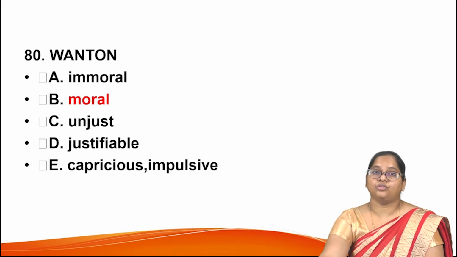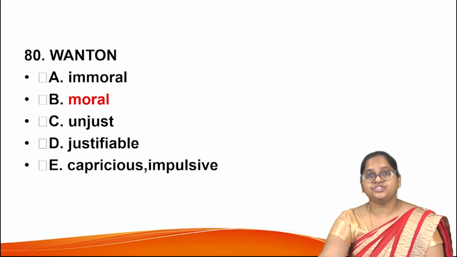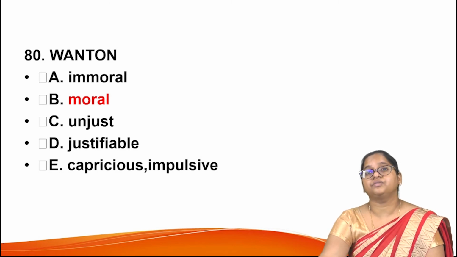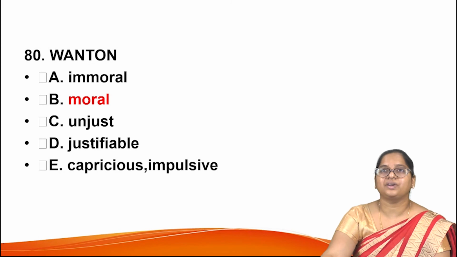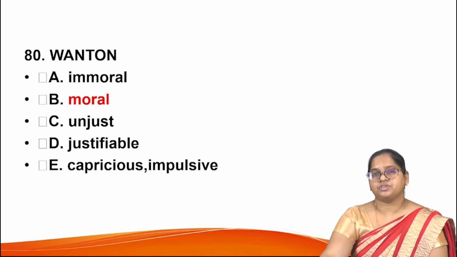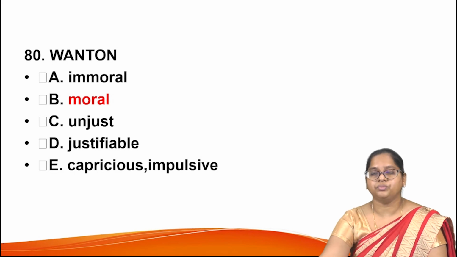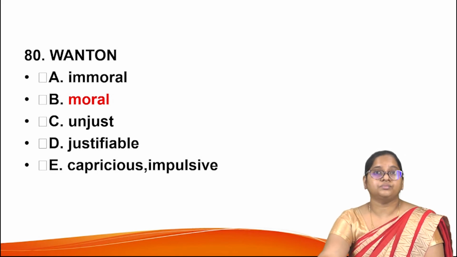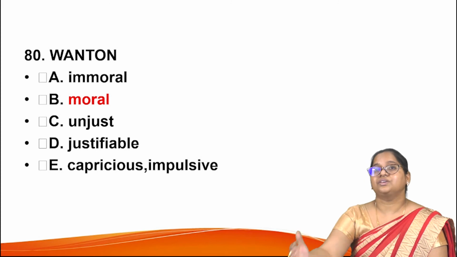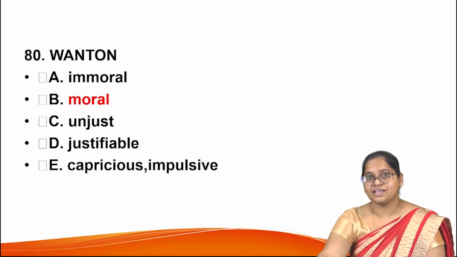Unjust, not very true. Justifiable, something which can be supported, which can be accepted. Capricious means you act without any sense, you behave very impulsively. So wanton means not being moral and ethical, you can select the option moral, B, as the antonym of that.